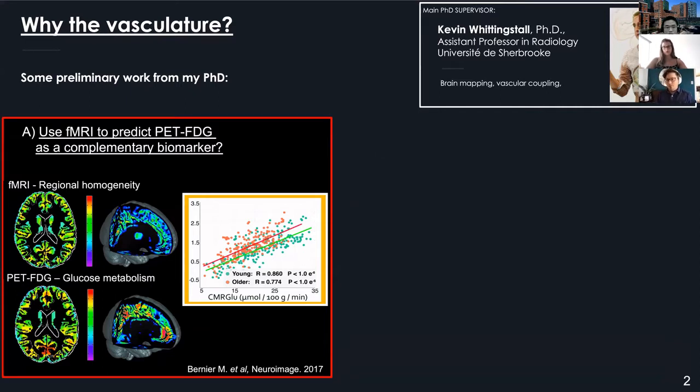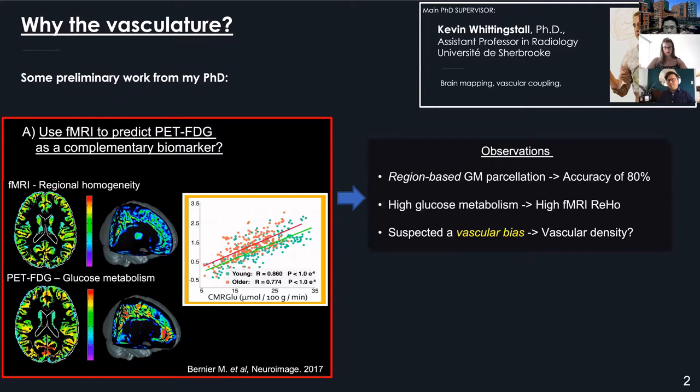And by doing regional analysis, we found that the regions that had a high glucose metabolism also had a high fMRI signal amplitude or local homogeneity. So basically, there was a concordance at 80% accuracy of prediction from fMRI to say if there's a high glucose metabolism in a region.